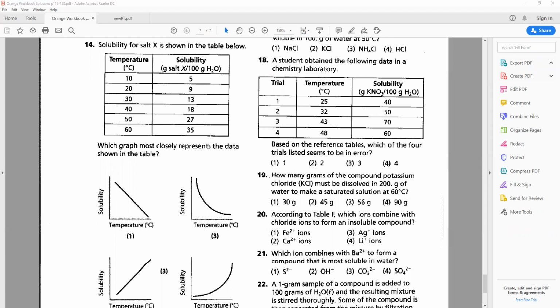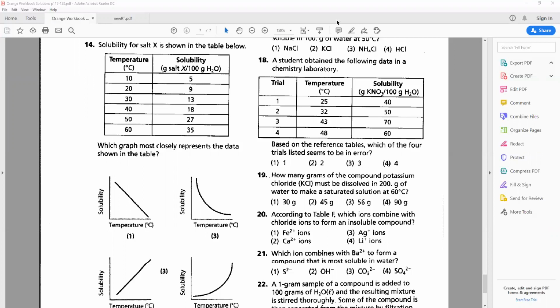Which graph most closely represents the data shown in the table? So let's see what's over here. On the x-axis, we have temperature: 10, 20, 30, 40, 50, 60. So it goes up by 10. And then we have the solubility, that as the temperature increases, the solubility increases: 5, 9, 13, 18, 27, and 35.